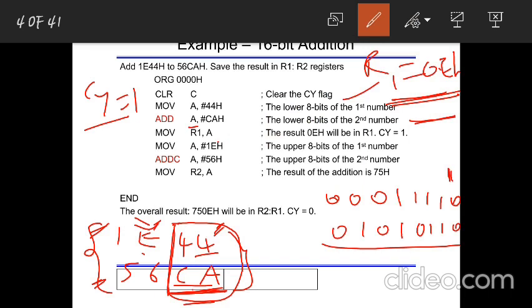So now you have a carry from the D7th bit to the D8th bit if you do it manually. Here in 8051 I have only an 8-bit data bus, so I can add 8 bits at a time. So using addition I first add the lower bits, then if I get a carry, automatically the PSW carry flag will be 1, and this instruction is designed in such a way that it can add the higher 8 bits plus carry.